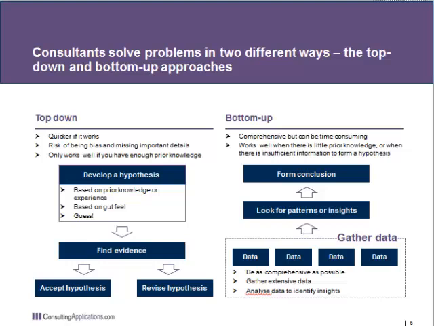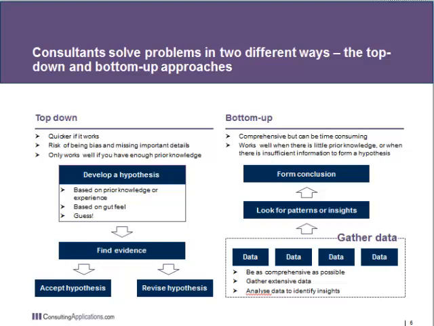And then there's the second approach, the bottom-up approach. This is essentially the opposite. What you do is gather as much data as you can in anything which you think could be relevant. So this could be things like company finances, the markets, customers, macroeconomic environment, and say technology trends.